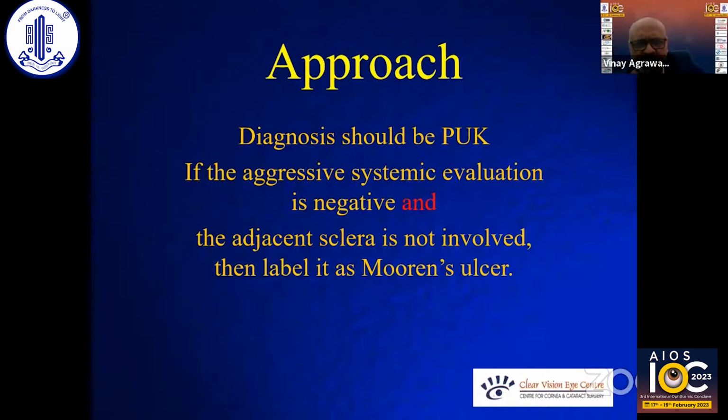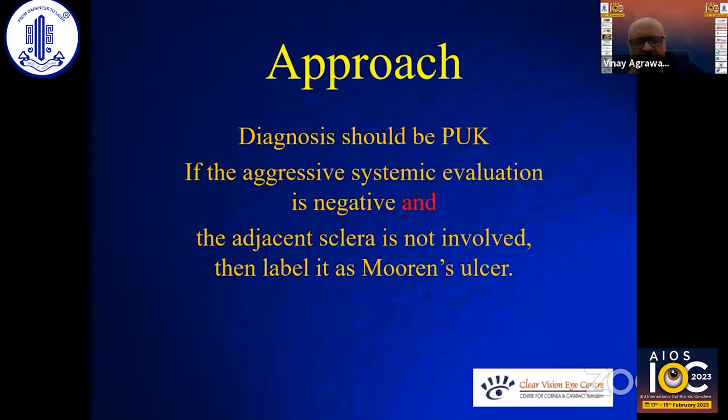So how do we approach these patients who present to us? The approach essentially, as I mentioned, should be that the primary aim or the primary diagnosis would be to see if the peripheral ulcerative keratitis fits into the picture. And for this, we always have to do an aggressive systemic evaluation.